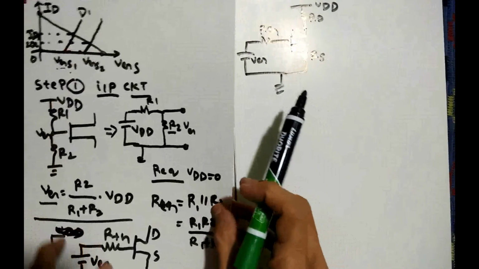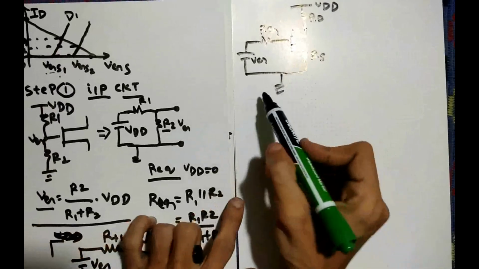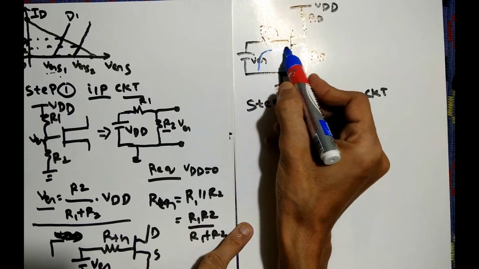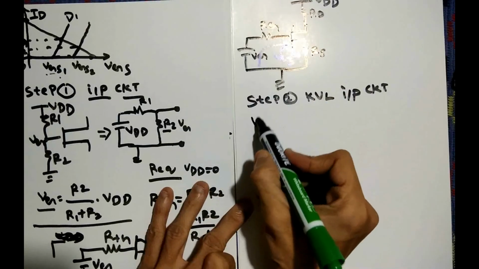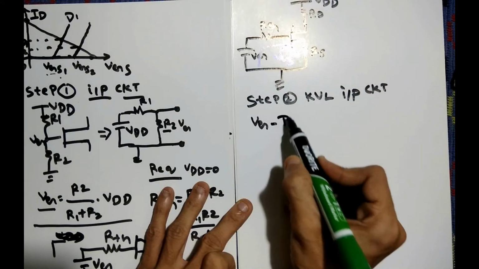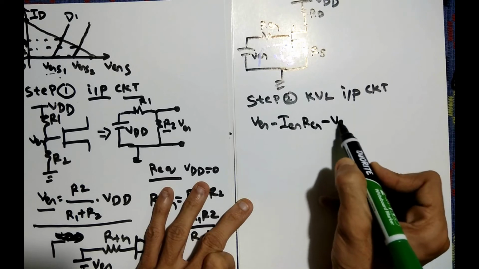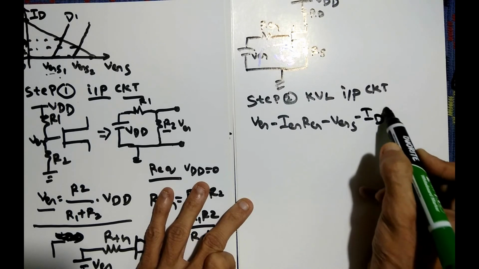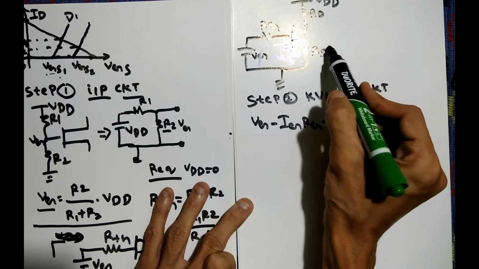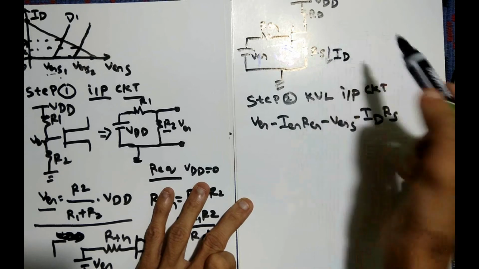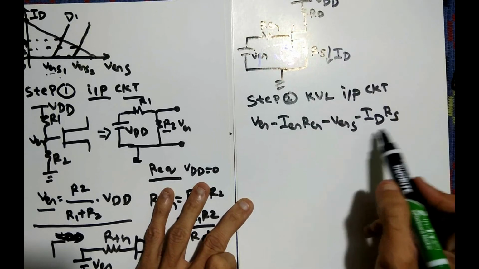So from this we can make step 2, that is KVL. When you do KVL, you get something like this. Start from VG: VG minus IGRG, minus VGS, minus ID and RS. Here, whatever the current is, we already know that ID and IS are equal, so we consider ID.